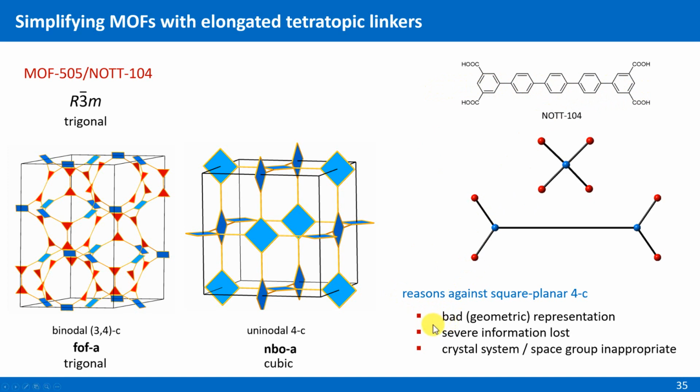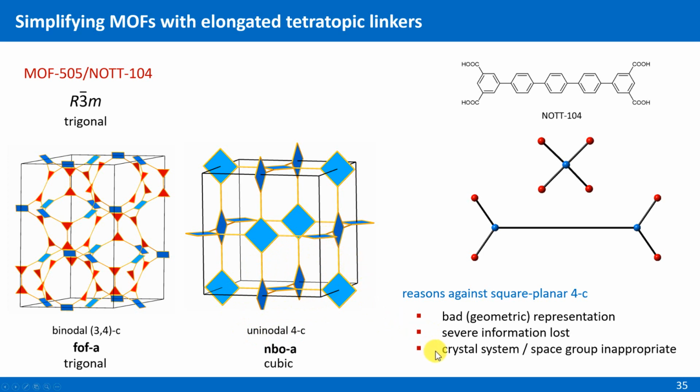Second, also from a topological point of view, it is recommended to use the two triangle version because otherwise too much information will be lost. Note, for instance, that in the NBO net version, the linker is identical with the SBU.